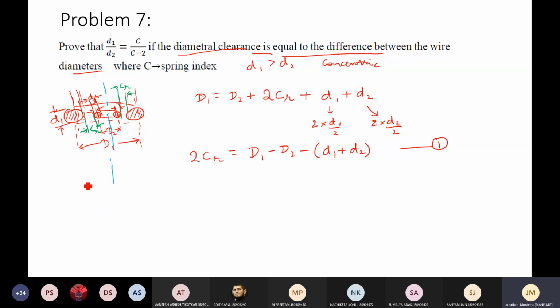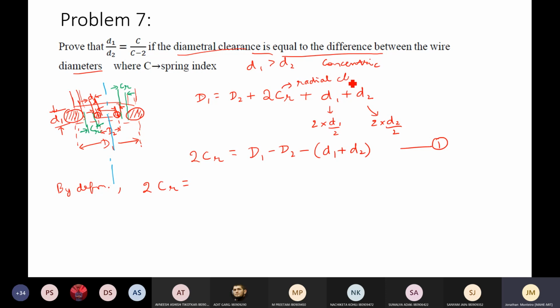So by the problem definition, or whatever condition is given, we can understand that the diametral clearance is 2 times CR. Why? Because CR we are taking as the radial clearance. Let me write it here so that you don't get confused.